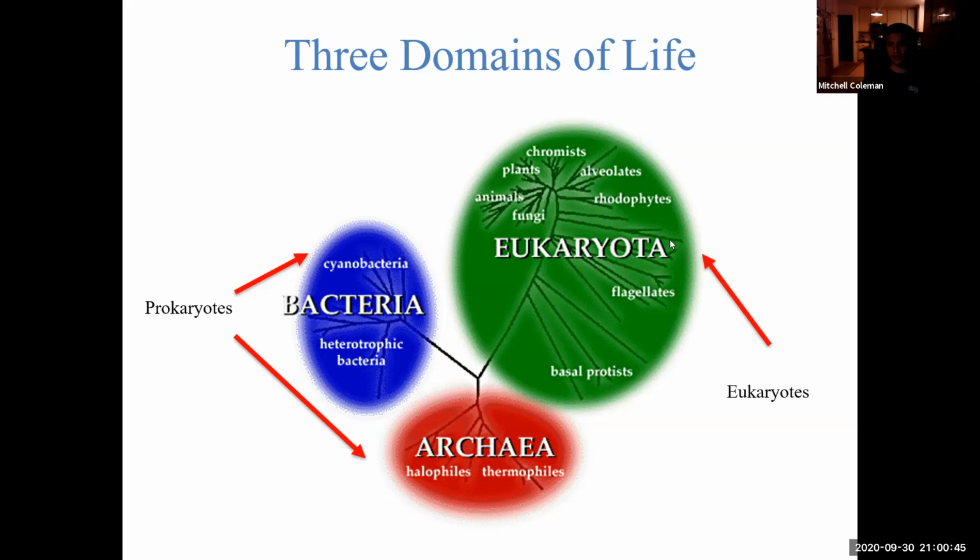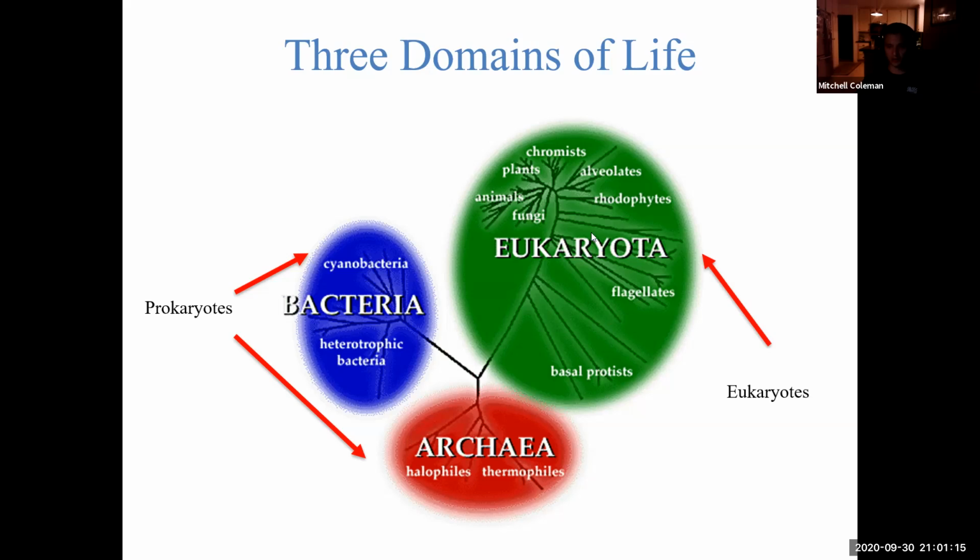The eukaryota, so things like plants and animals and fungi, other types of pretty basic algae, like protists and things. These are all eukaryotic, whether they're single cellular like some protists are, or multicellular like plants or animals or most fungi.